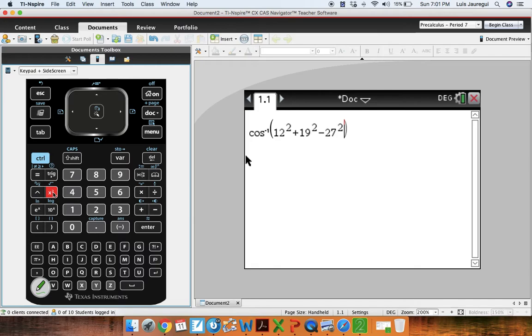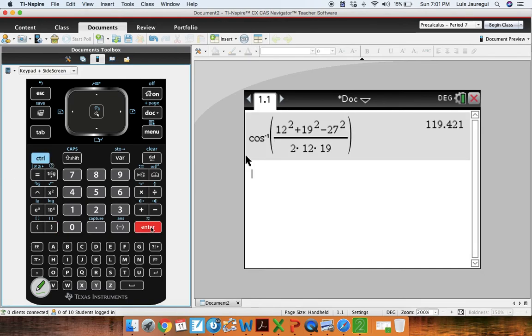I'm going to divide all of that, so I'm going to put in another parenthesis here. Close my parentheses and divide that by, let me open another parenthesis, 2 times 12 times 19. And I'm going to hit Control Enter. And I get an approximate value here.